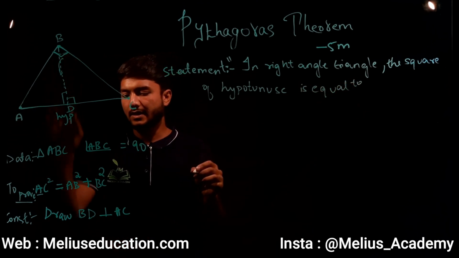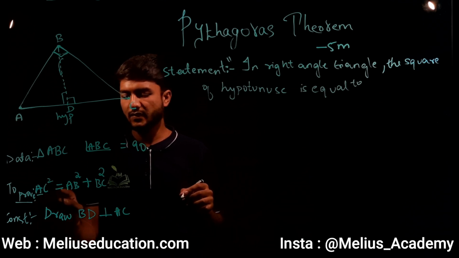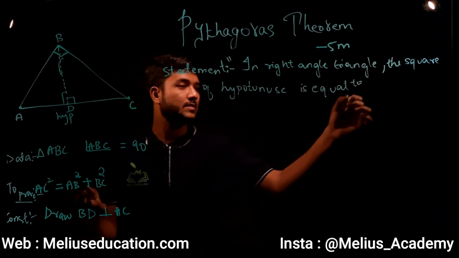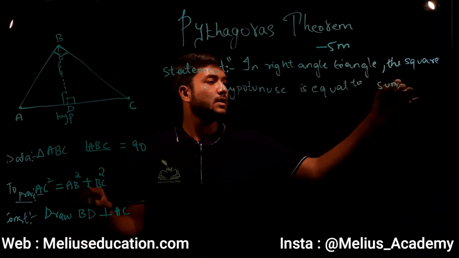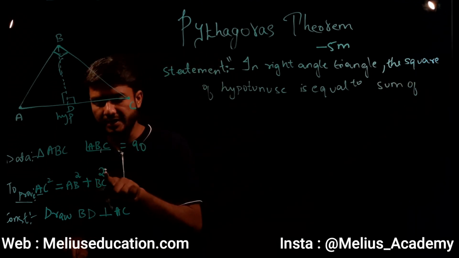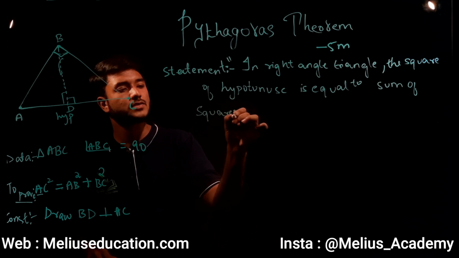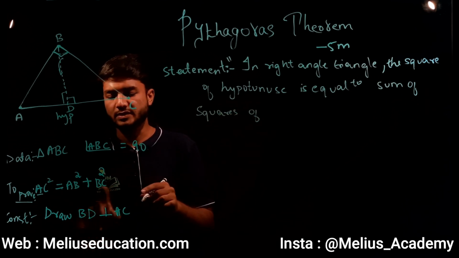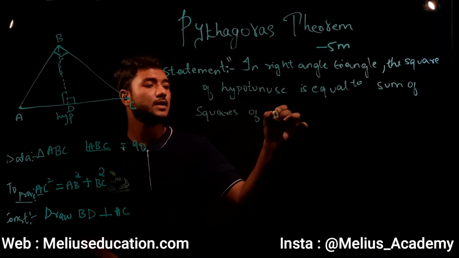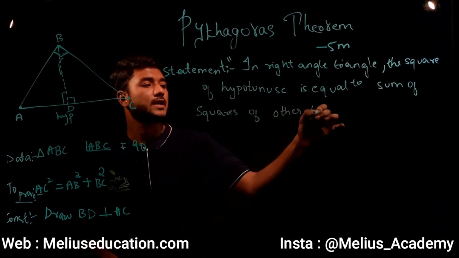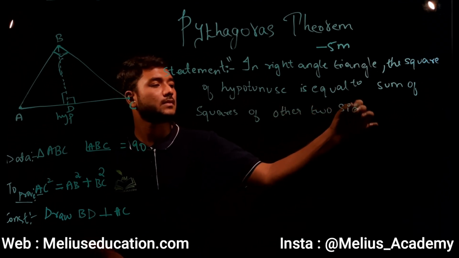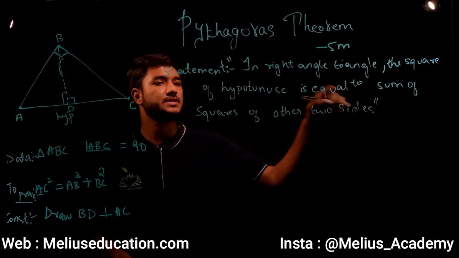In a right angle triangle, the square of hypotenuse is equal to the sum of squares of other two sides. So this is the statement.